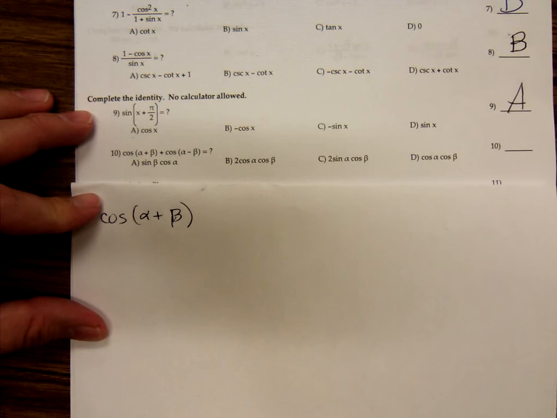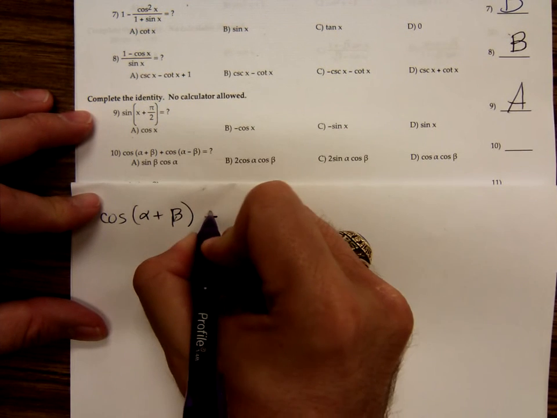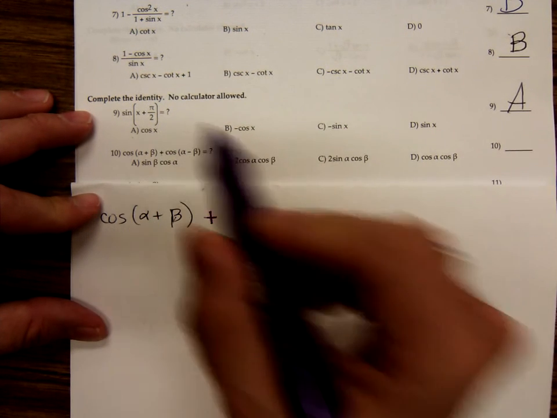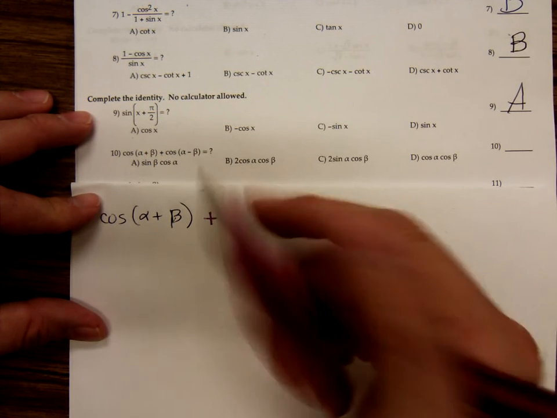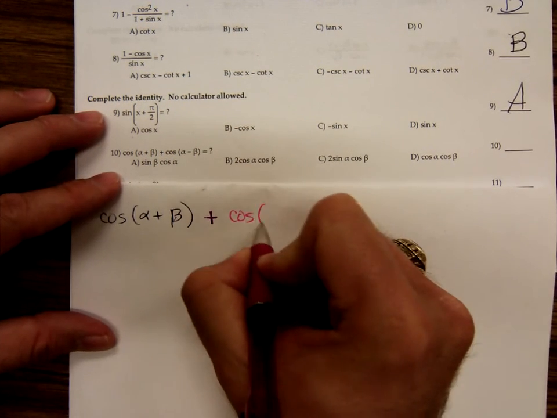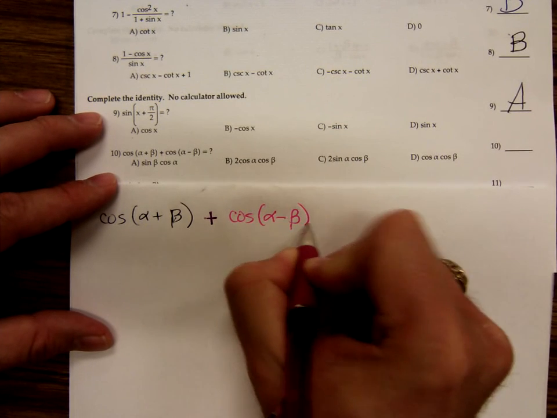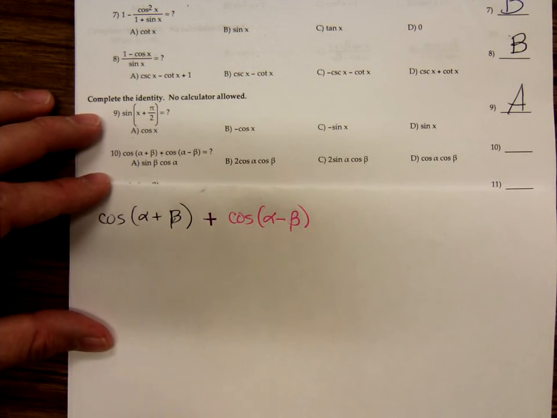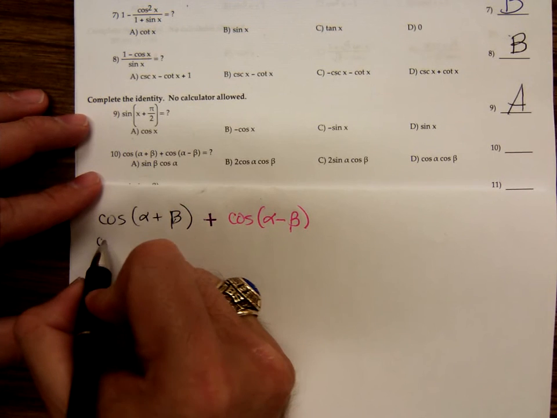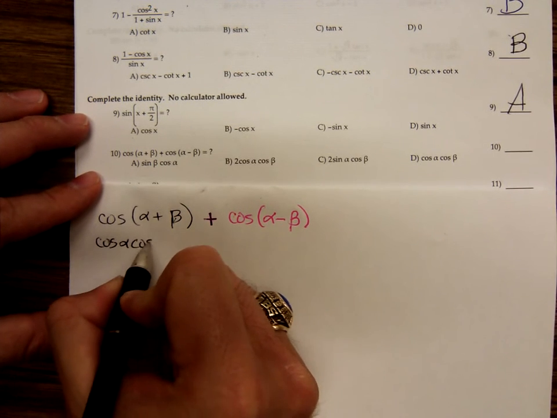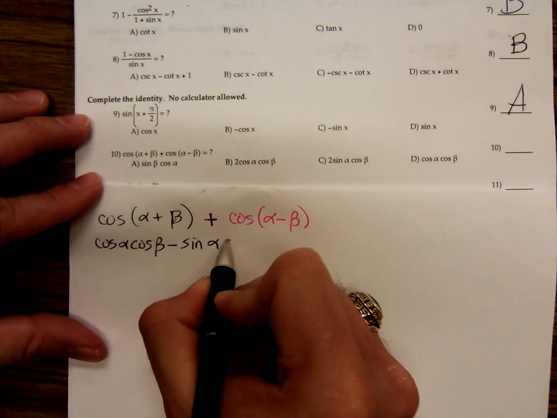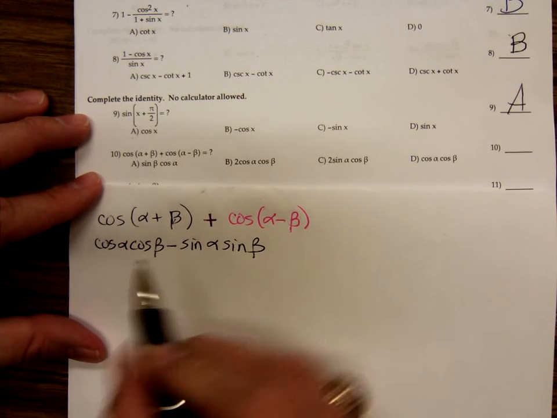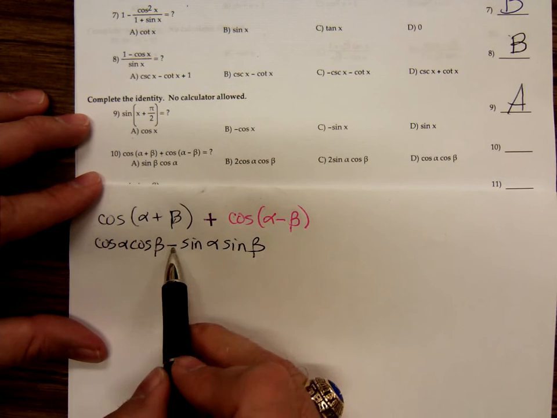So this plus here is that plus there. Cosine alpha minus beta. So let's see. I'm going to expand this one. It's cosine, cosine, change, sine, sine. Cosine, cosine, sine, sine, change the symbol in the middle.